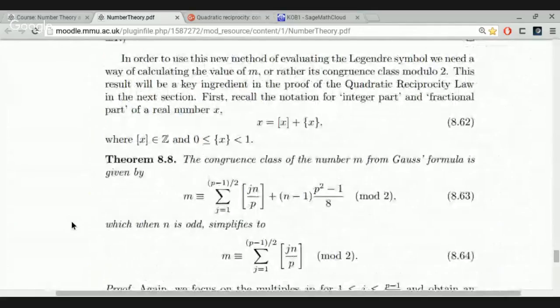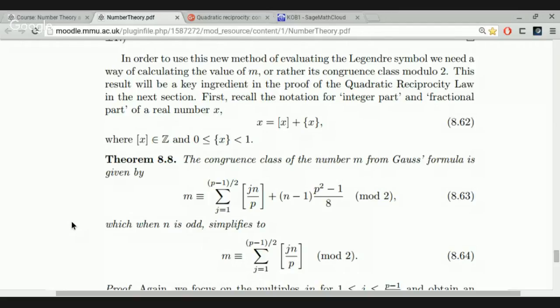So this is our next result. It looks a bit scary, a complicated formula, but the nature of the result is we're examining m modulo 2. So we're coming up with some kind of involved formula, which is just going to tell us whether m is 0 or 1 modulo 2. If m is an even number, it's going to come out as 0 modulo 2.